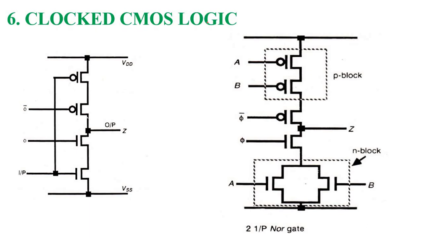So these are the many different types of CMOS logics. As I already told, depending upon the requirements of our applications, we use any of these CMOS logics. In the world nothing is one-sided, so we choose any of the CMOS logics.